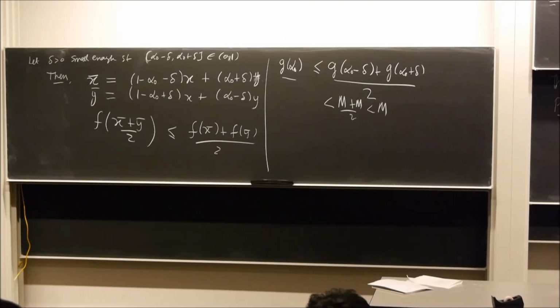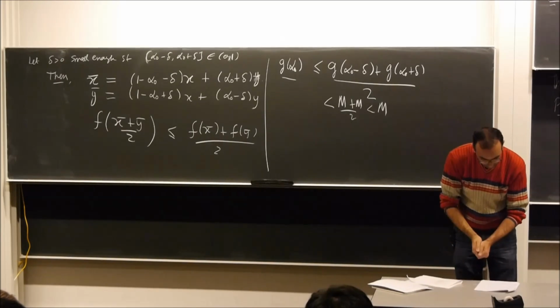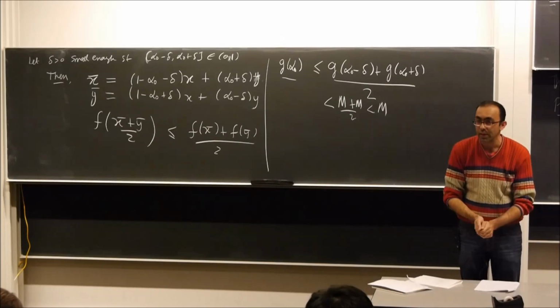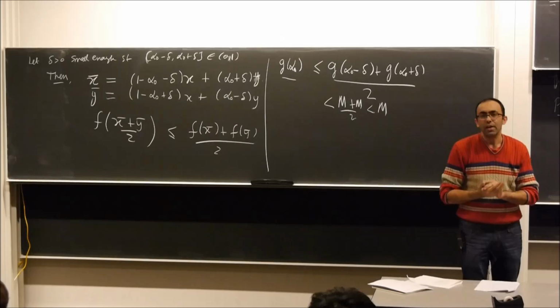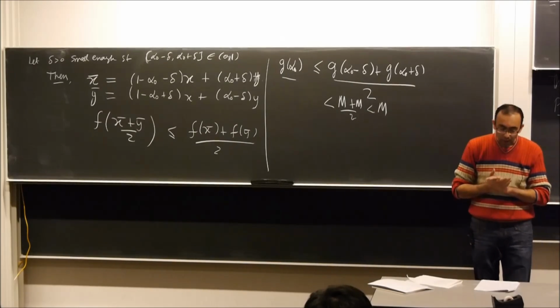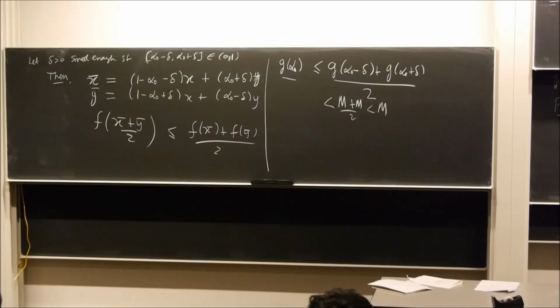So this is, I think, one of the prettiest proofs I've seen. There's another proof in Boyd's book which uses continuity by using binary number induction. You can also do that if you want. I really like this super simple proof. So this shows that as soon as we have continuity, midpoint convexity suffices for us.